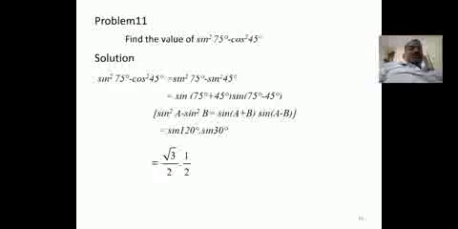Same, because sine square a minus sine square b is sine of a plus b into sine of a minus b, that is sine 120 into sine 30. Sine 120 is cos 30 value, that is root 3 by 2. So root 3 by 2 into 1 by 2 is root 3 by 4, same as the previous one.